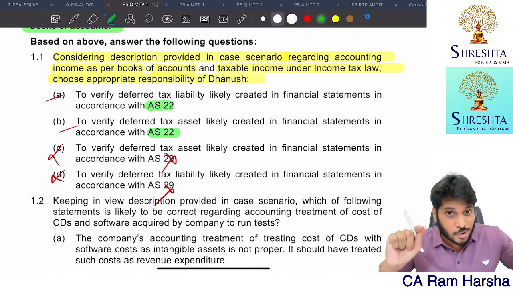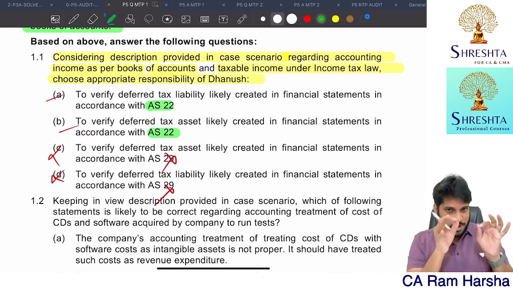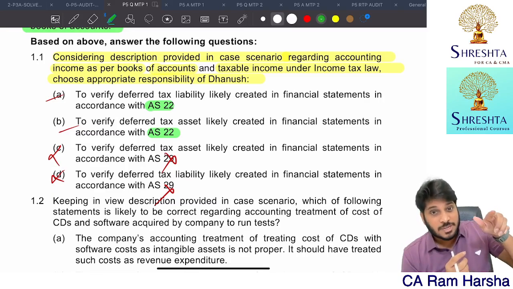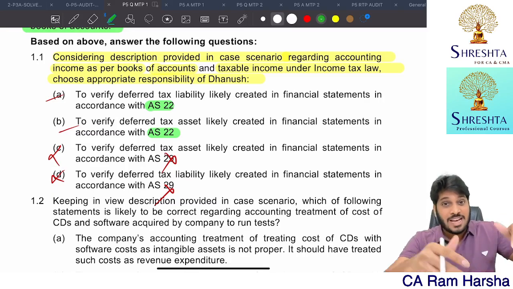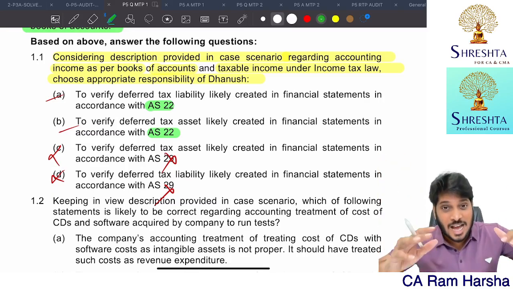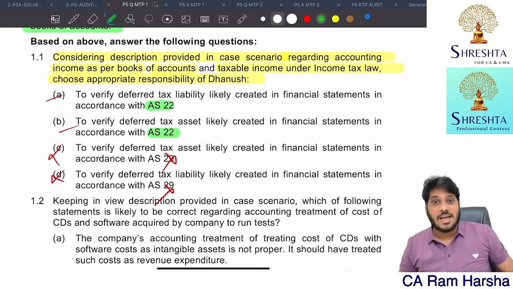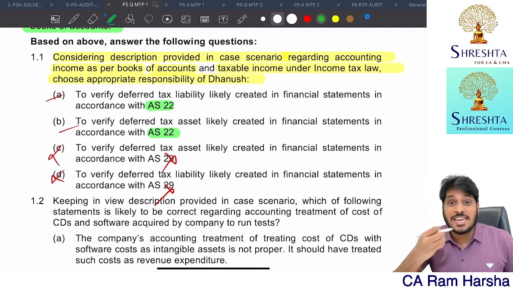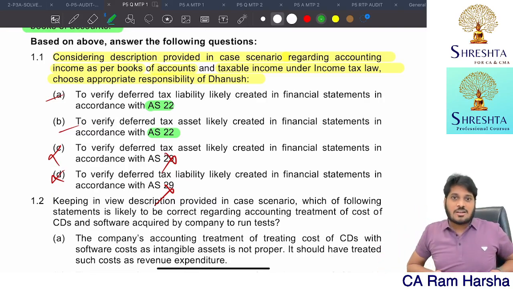I'm talking only about the depreciation-related impact on profit. Because of depreciation, under the Companies Act the profit is low, while under income tax we declared higher income and paid higher tax already. Which means higher tax paid already means it's an asset. Don't mug up the deferred tax concept.